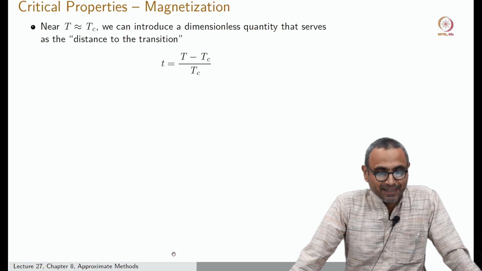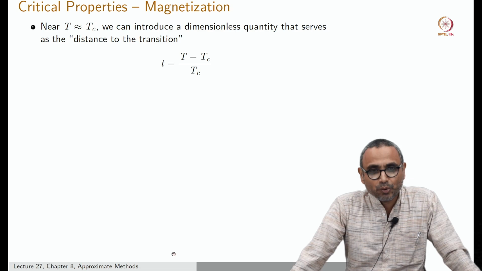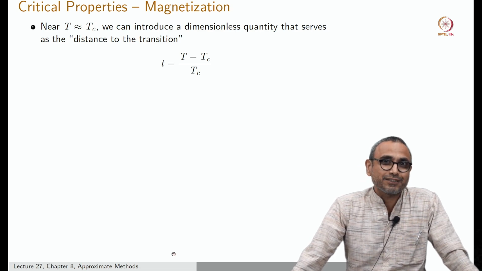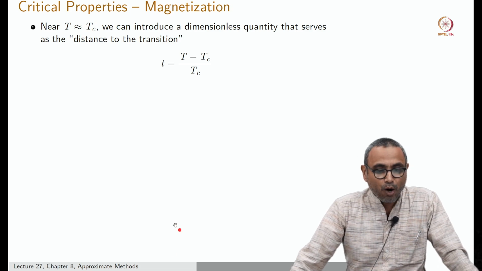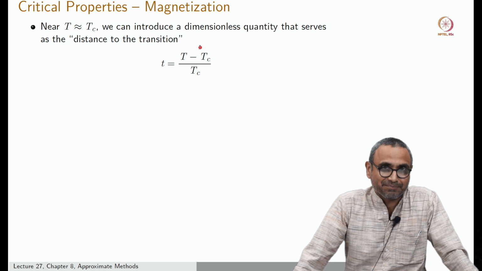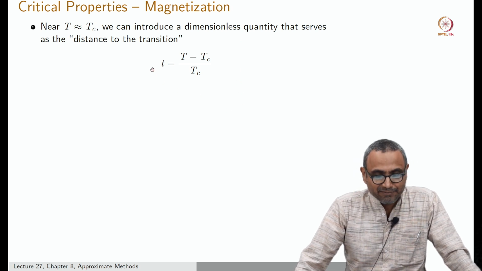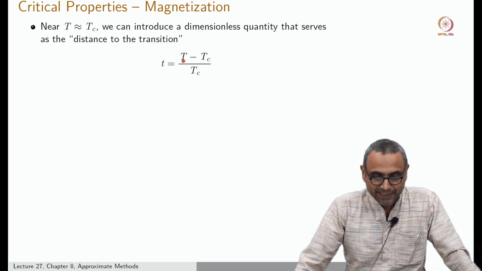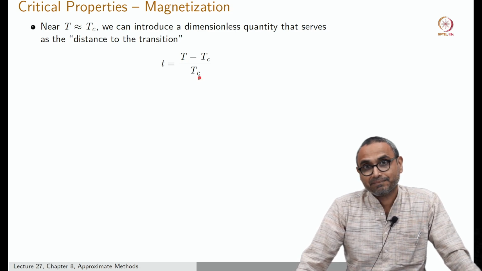As always, whenever we want to extract critical exponents, we will look for some kind of dimensionless parameter that tells us how far away we are from the transition. The natural candidate in this context, which we have also seen in previous lectures, is this little t, which is the temperature minus Tc divided by Tc.